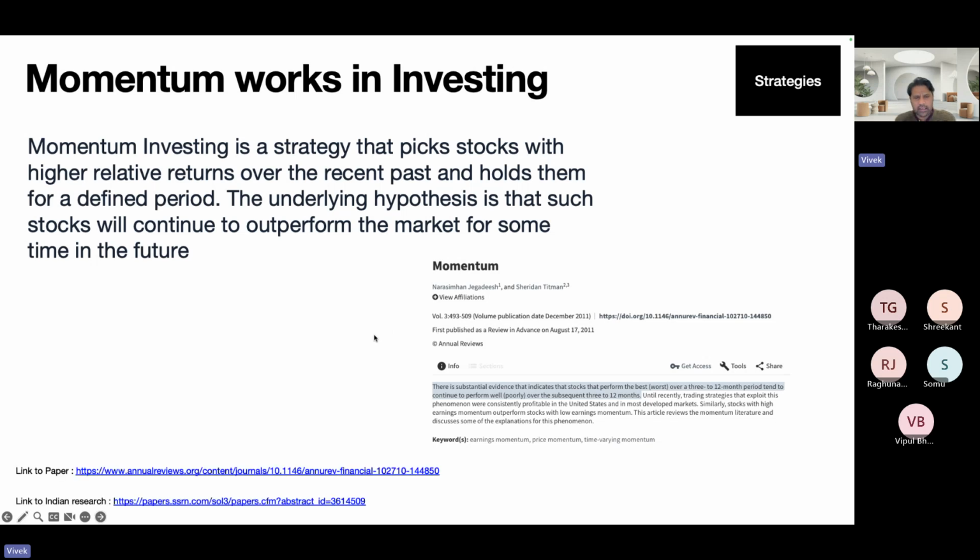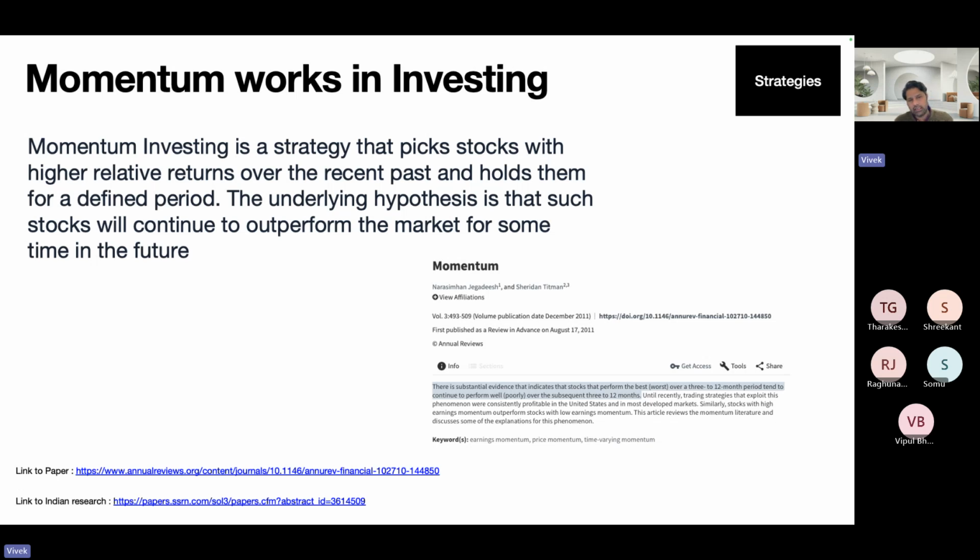If people are interested to understand an Indian study, I've also posted a link to an Indian research paper done in 2015, where they looked at implementing the same strategy for Indian markets, because Jagdish's and Titman's paper was looking holistically at the US market.